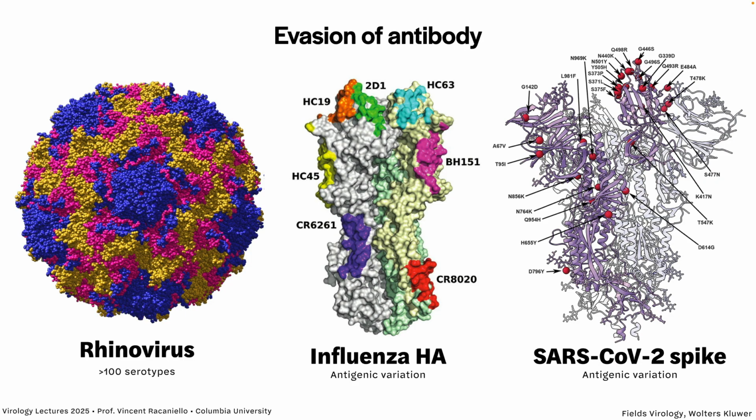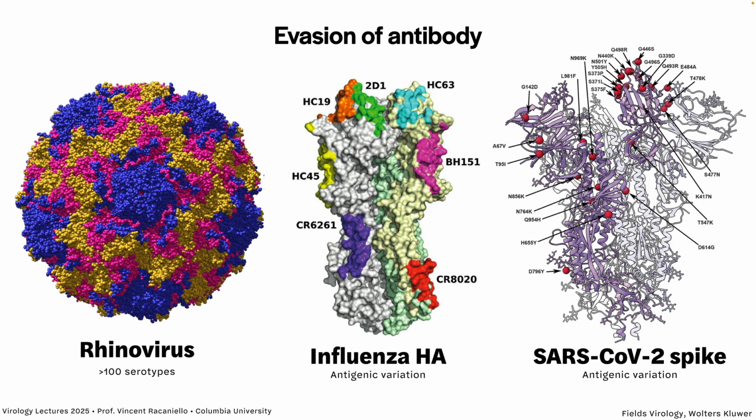All right, like everything else in the immune system, viruses evade antibody. How do viruses evade antibodies? Or do they? Sure they do. I've already mentioned that. Here are 3 examples of evasion of antibody by viruses. So on the left is rhinovirus, which exists as over 100 different, let's say, genotypes or serotypes.